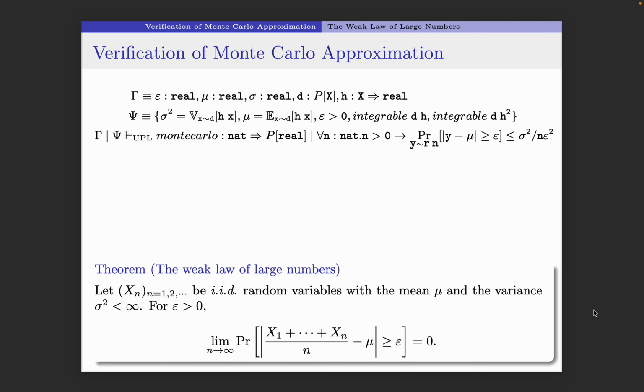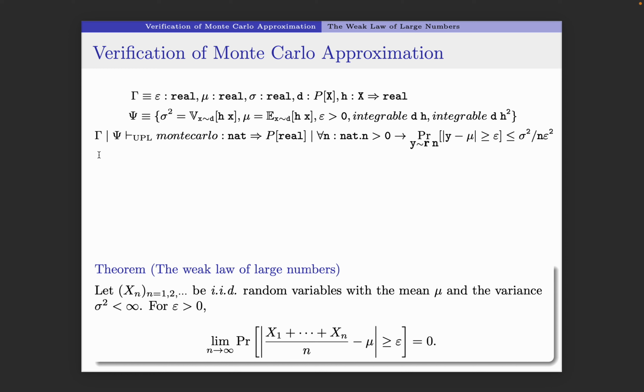The judgment at the third line corresponds to the weak law of large numbers. The judgment is a UPL judgment, one of the logics of the PPV. In the judgment, gamma is the typing context.